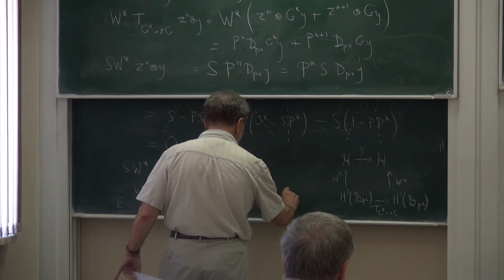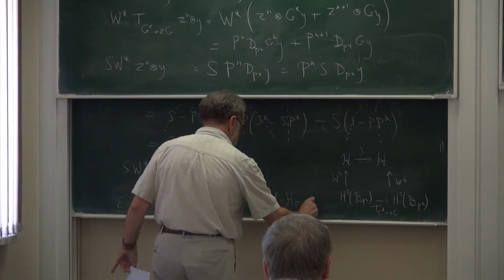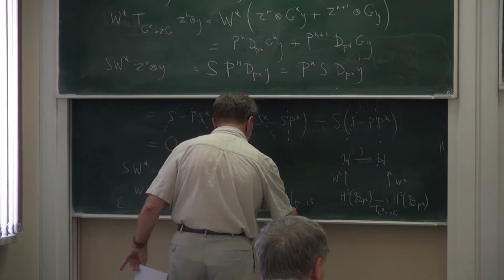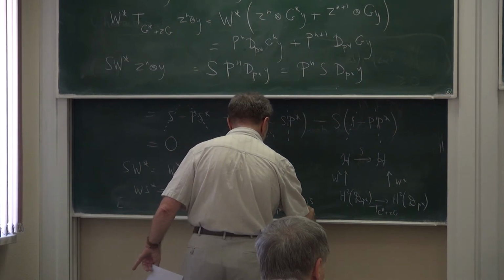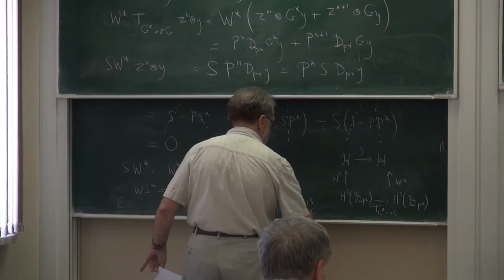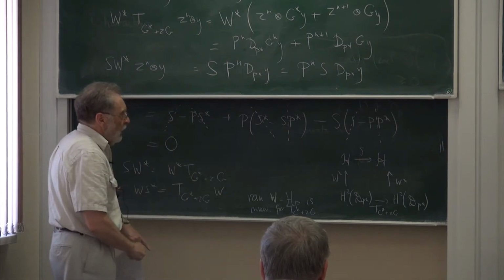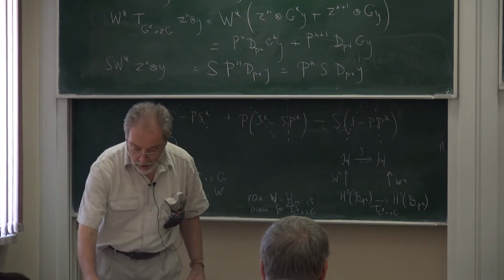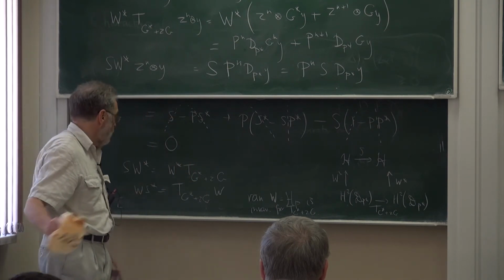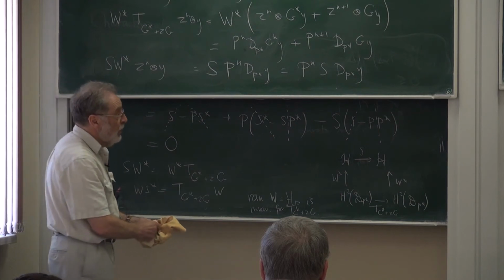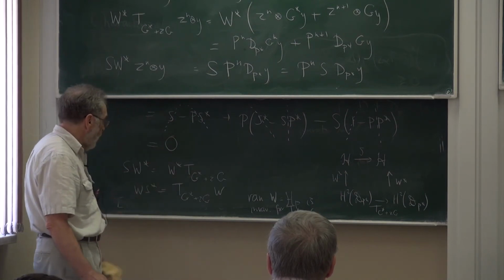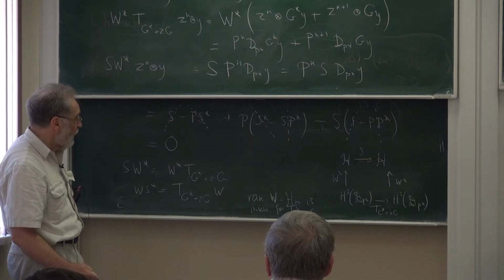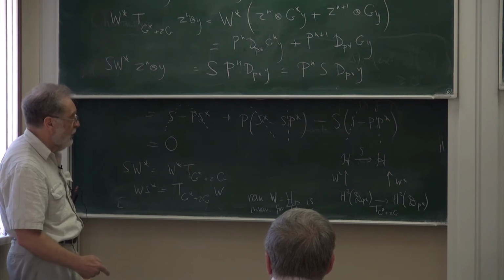And the range of W, which is H sub P, is invariant for this Toeplitz operator. And so it follows, if you take U to be the range restriction of W, in other words, U is just W regarded as going from H into the model space HP, then you do indeed get that.